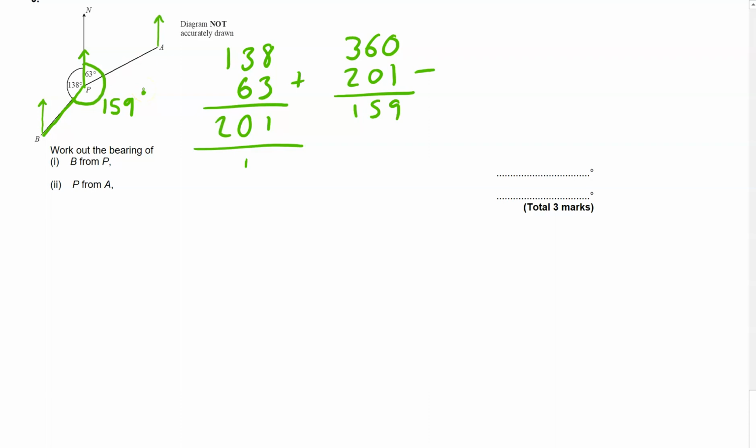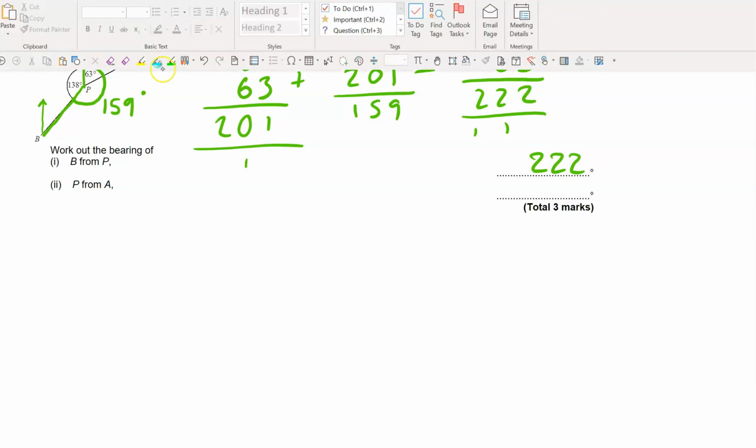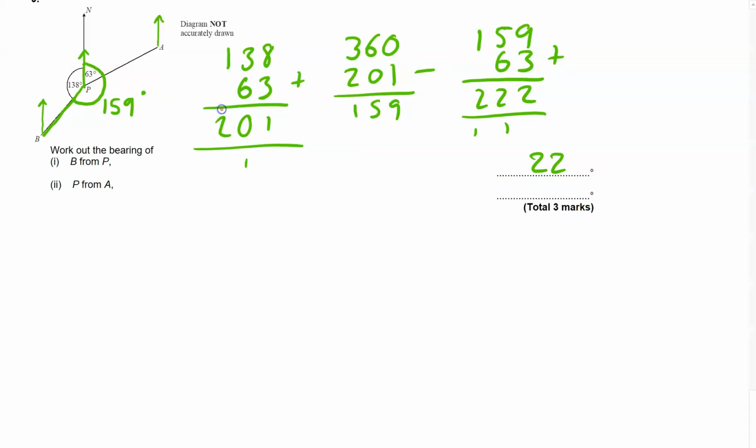So the full bearing is 159 plus 63, so 222. And then P from A, let me grab a different colour. That should be a 2 there.